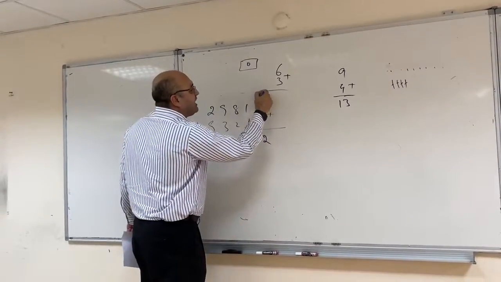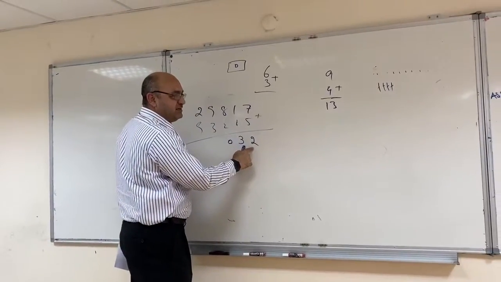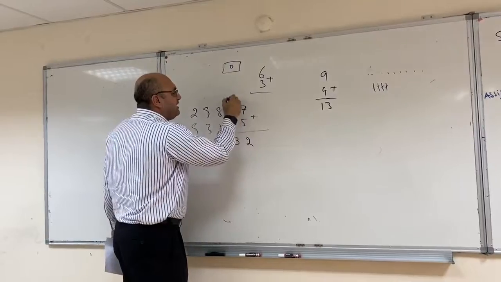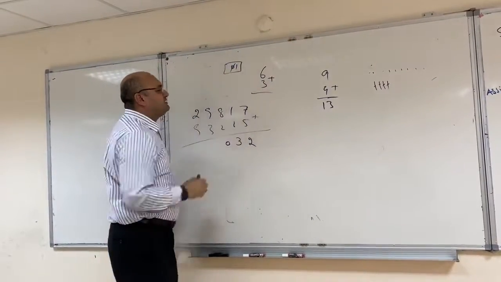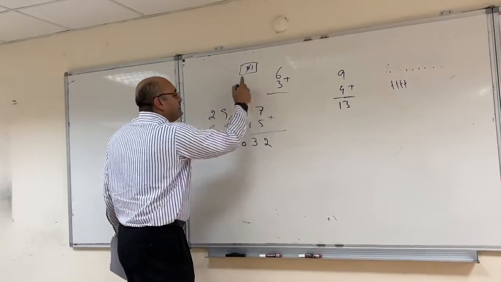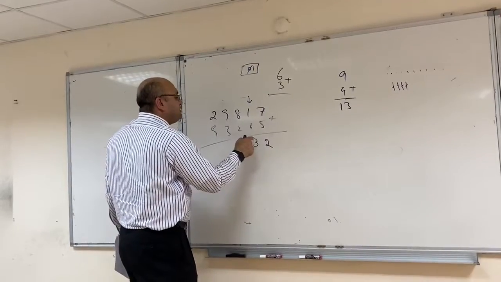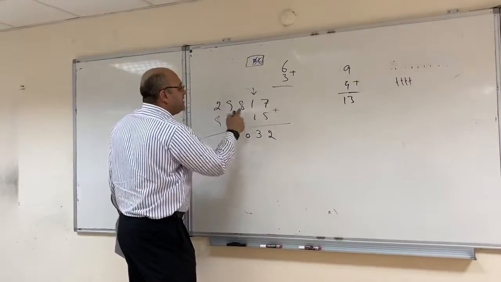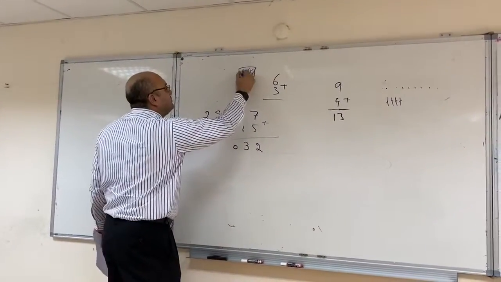So I add this plus this plus this, and whatever I get, let's say 3, the other digit would override for this addition. So this plus this is 3. Then, because the tenth digit is 0, I will put 0 here. And then this plus this is 10, so this would be 1, and so on.